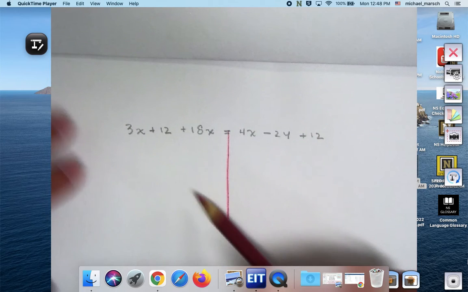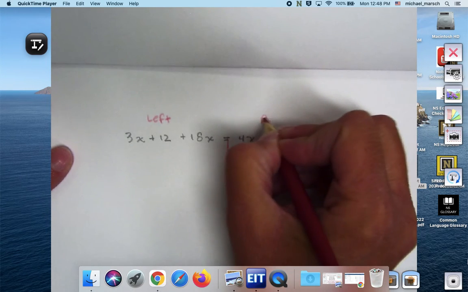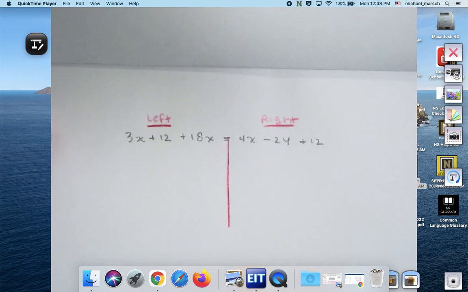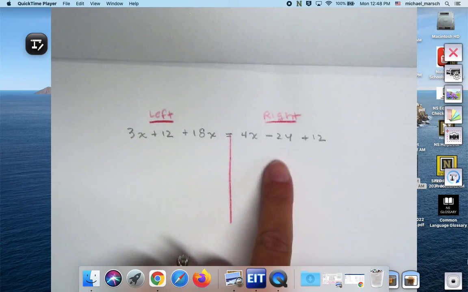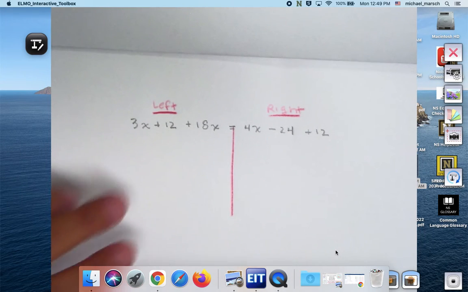We're going to draw our wall of equality. We're going to label left and right. Is that 24? It's minus 24 plus 12, yes. Looks like a Y. Here, I'll fix it. Is that better? Okay.